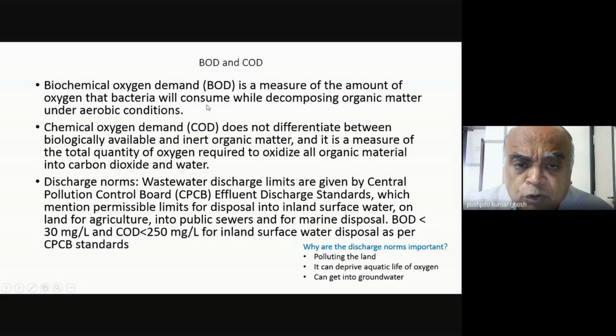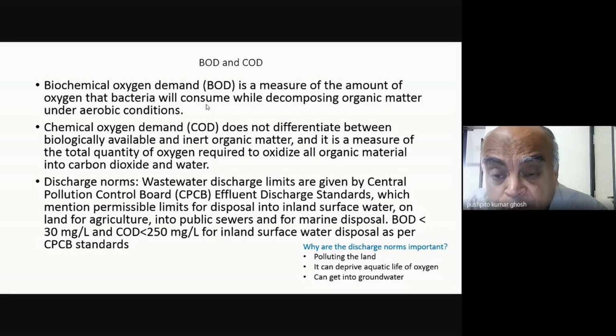It's going to deprive my water of oxygen, because if my water does not get oxygenated very rapidly, sometimes you have got stagnant pools. Many times, what you'll see is algal blooms, which will happen because it is taking these organic wastes, and the bacteria is blooming and growing, and it completely messes up all your aquatic life.